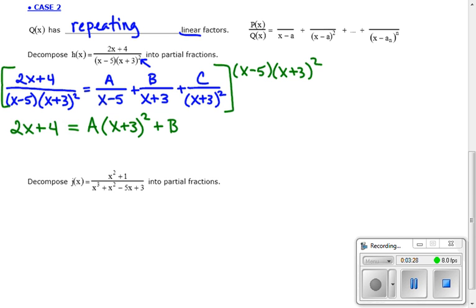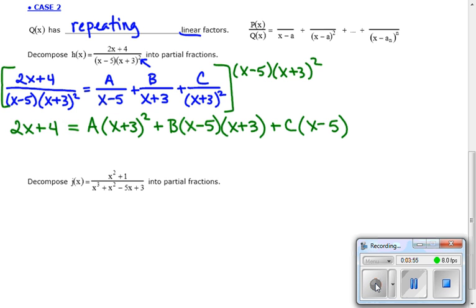One of the x plus 3's will be canceled, so there will actually be an x minus 5 and an x plus 3. You can see this takes up a lot more space. And then finally, that third fraction will have our c. The x plus 3 squared will be canceled, and we'll have an x minus 5. Take a look at that and make sure you understand what I just did.